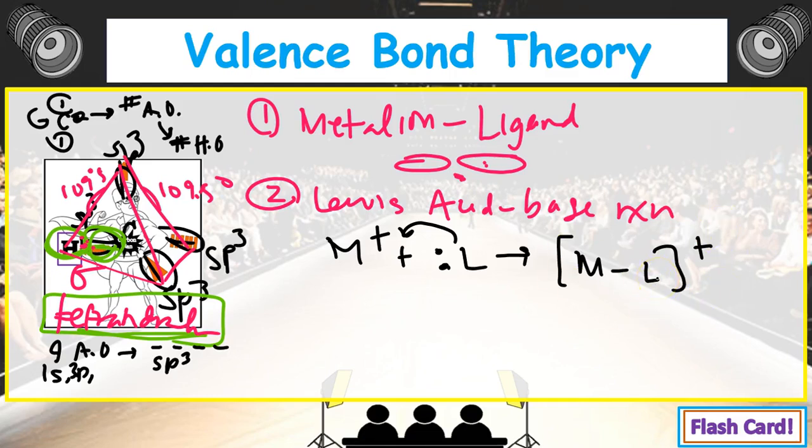So we have our coordinate covalent bond, and we know that this complex ion can have a charge. If we want to apply this with valence bond theory, with a complex ion, then we want to say that we have an overlapping from end to end. So again, we're trying to add in different language. Now we're saying we have an overlapping end to end of the metal ion acting as the Lewis acid and the ligand acting as a Lewis base. So they're going to overlap end to end.